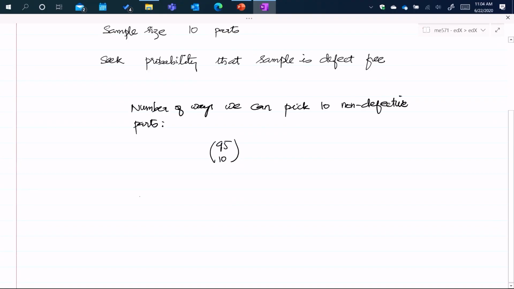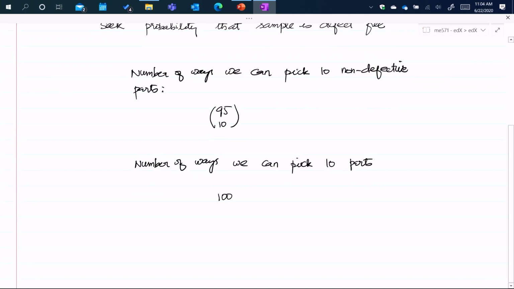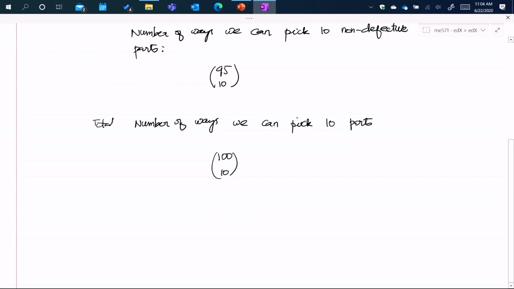Now, the number of ways we can pick any 10 parts, regardless of whether I'm picking defective or non-defective, is combinations of 10 items out of 100. Previously, I had combinations of 10 items out of 95. So you can think of this as the total number of ways we can pick 10 parts. And previously, we had the number of ways we can pick 10 non-defective parts.